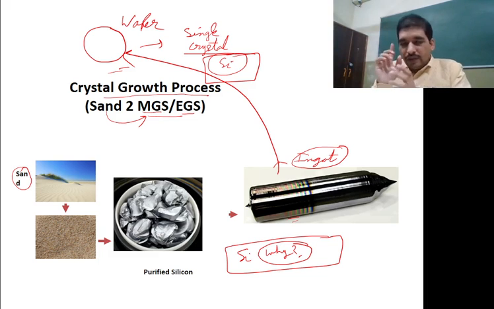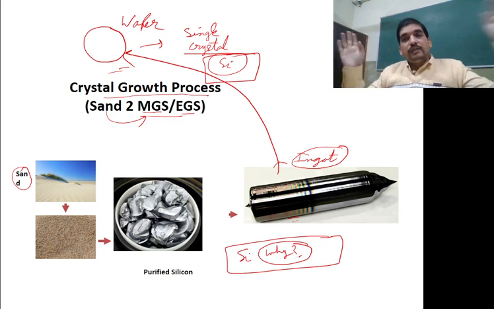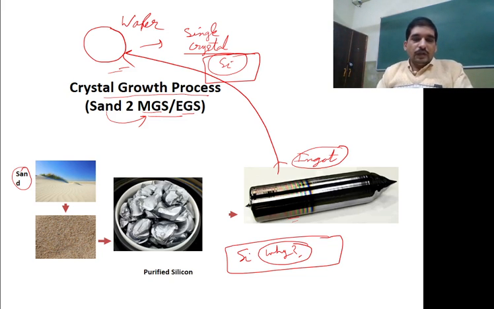The one thing which I should tell you right now is that silicon is abundant in nature, and if anything is found in abundance in nature, then extracting that, using that, and even if we are wasting a lot, there is no issue, the cost will be much less.